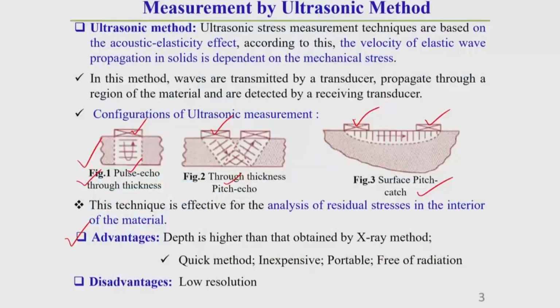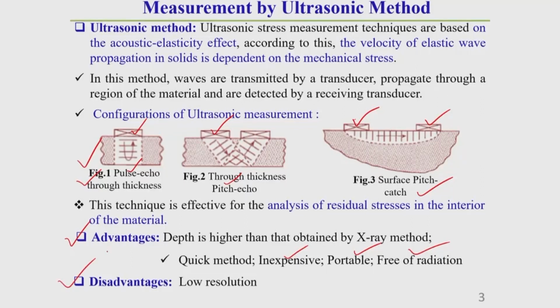This method is very quick, inexpensive, portable and free of radiation, because there is nothing related to radiation phenomena here. One of the disadvantages of this ultrasonic method is that its resolution is a little bit low in nature.